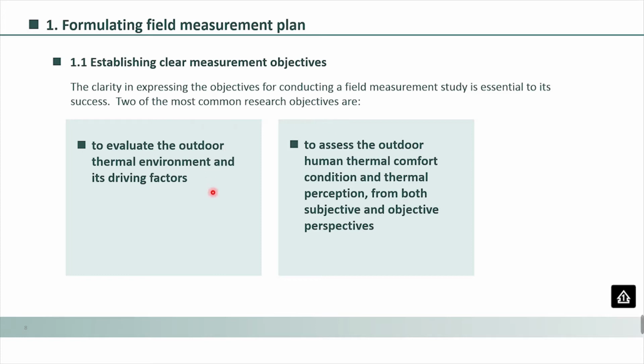One is to evaluate the outdoor thermal environment and its driving factors, and the other is to assess the outdoor human thermal comfort condition and the thermal perception from both subjective and objective perspectives. And we also find sometimes both research purposes may appear in the same study.